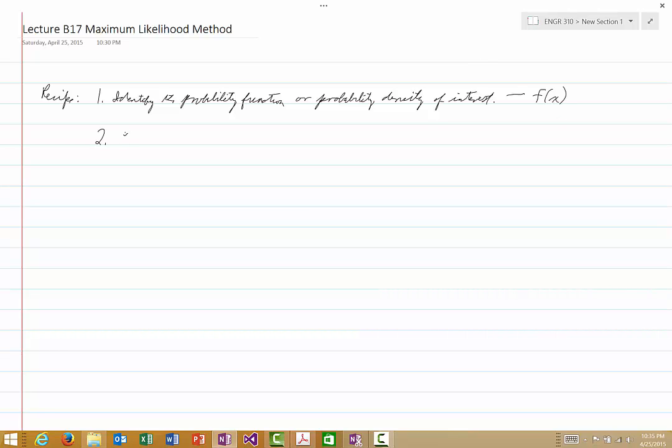And then to form the likelihood function, L, where L is equal to little f of x1 times little f of x2 times dot dot dot little f of xn.